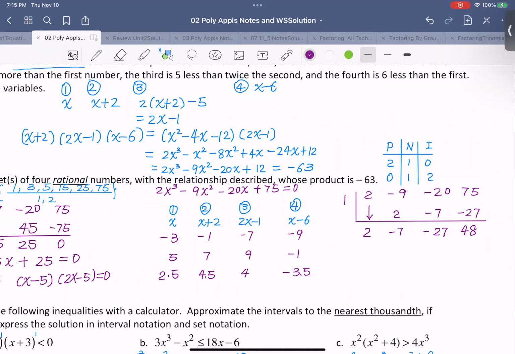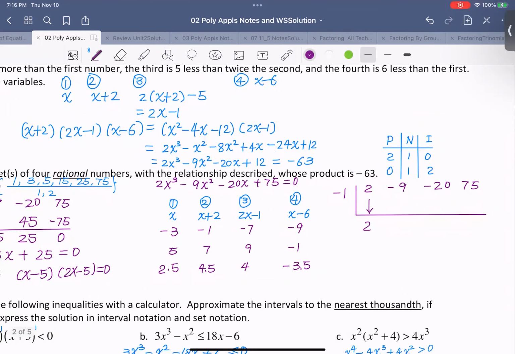Yeah. And then we can try negative 1. Let's go ahead and try the negative 1. Go ahead, please. Negative 2. And it's negative 11. And then it's negative 33. This is positive 11 now.